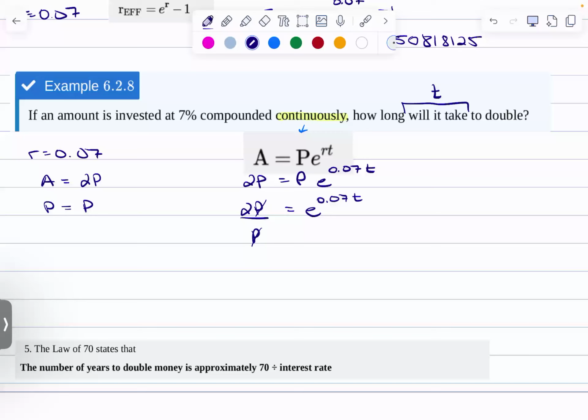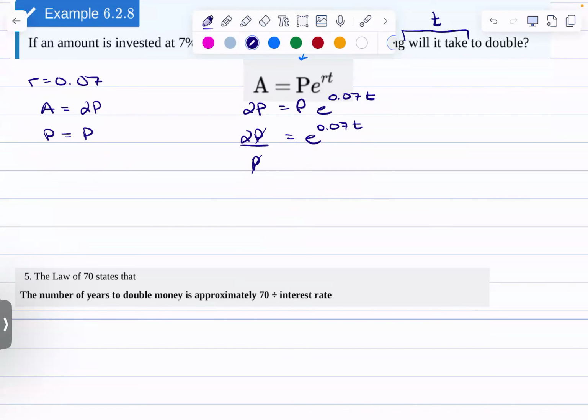To get at that t in the power, I'm going to use the log. You take the log of both sides, and that's going to let you bring that 0.07t up front. I'm going to use the natural log, just because it is base e, and that'll cancel.